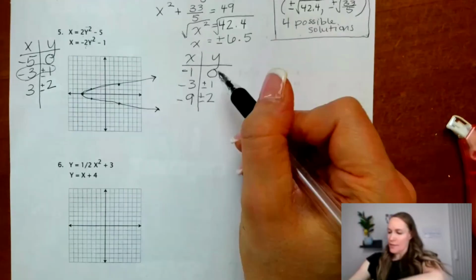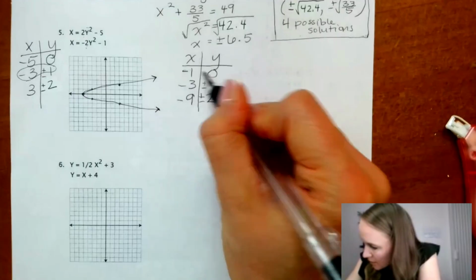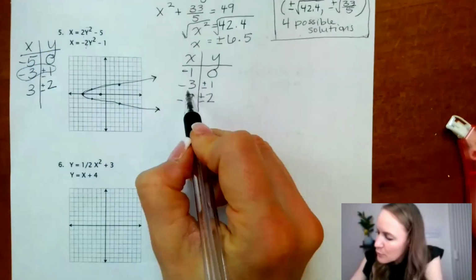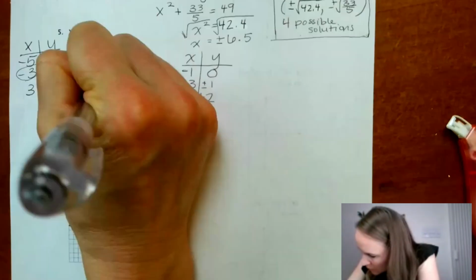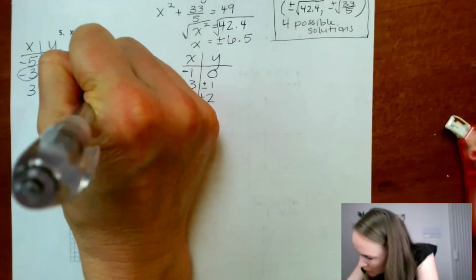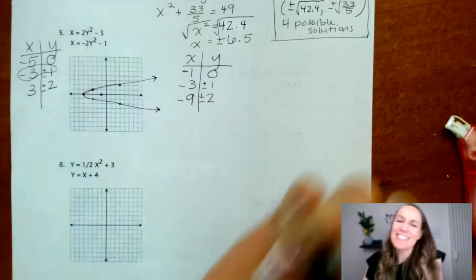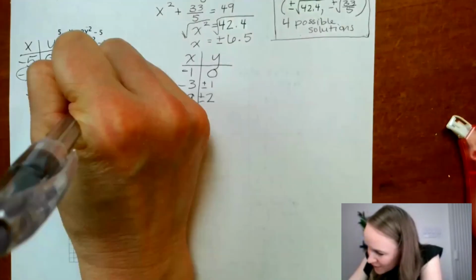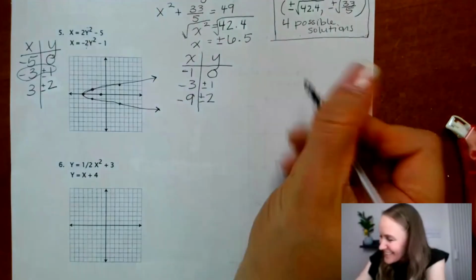So let's go ahead and graph this. -1, comma 0. -3, +1. And notice that's the same point. Hint, hint. -3, -1. Aha.